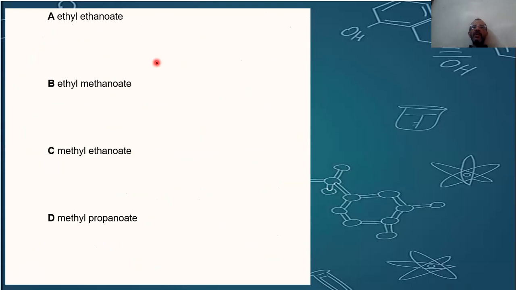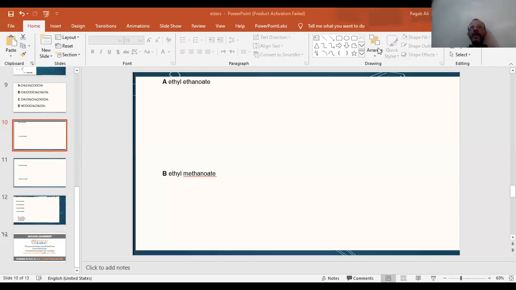I want you now to know how you can draw the structure of an ester. As I told you, there is the molecular formula and the structural formula. Here, he will ask you to draw the structural formula of an ester.